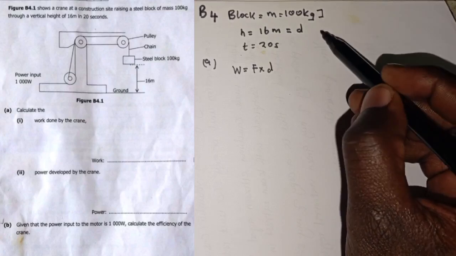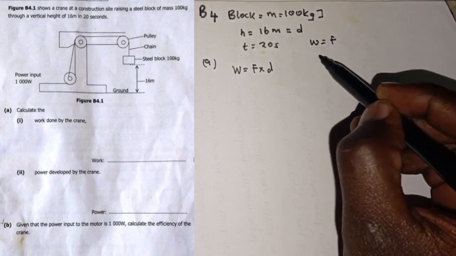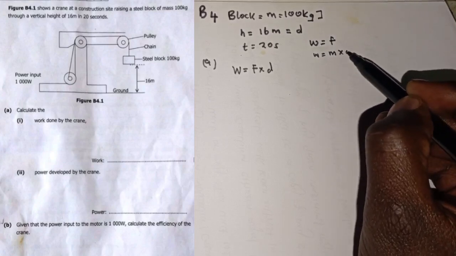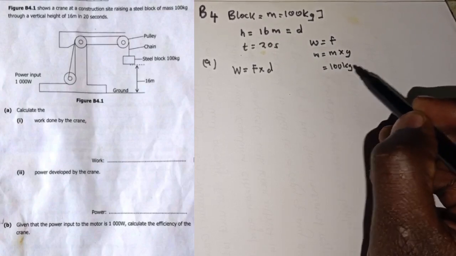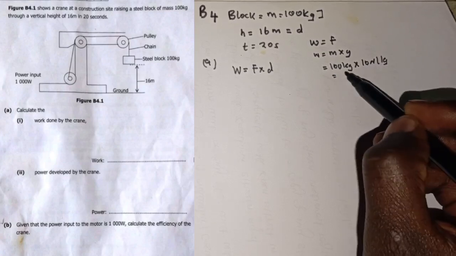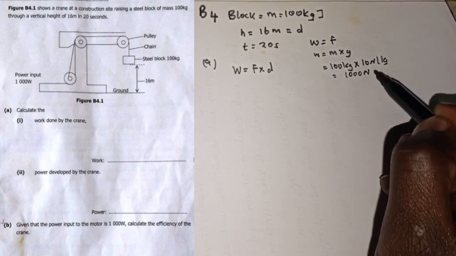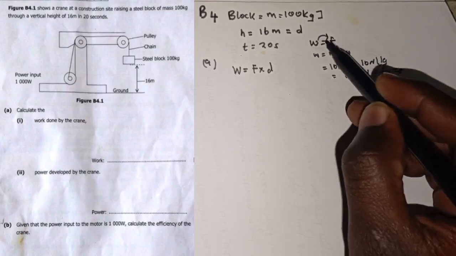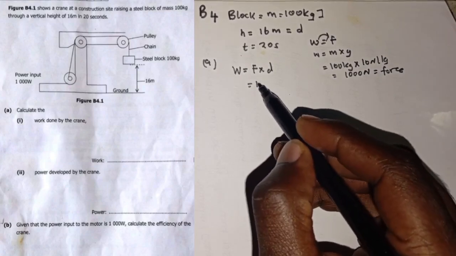We say that weight will be equal to the force, and weight is found using mass times gravity. The mass is 100 kg and the gravity is 10 Newton per kg, and here you get 1000 Newton. So the force is 1000 Newton.